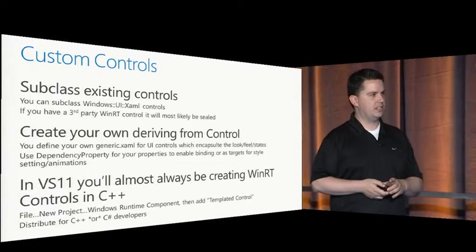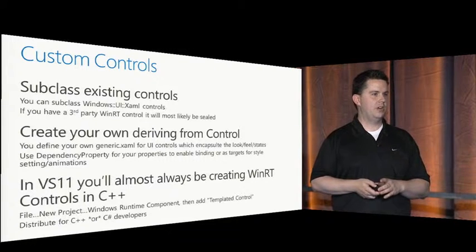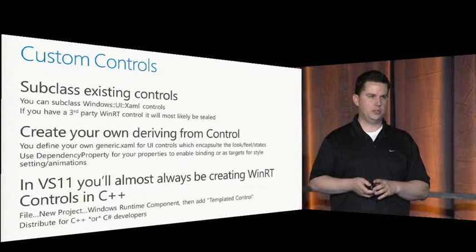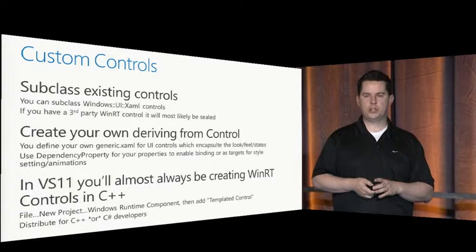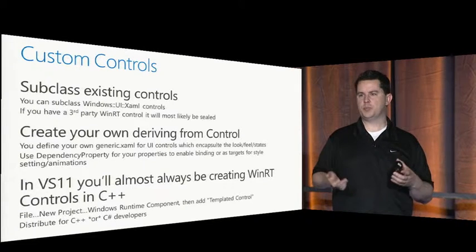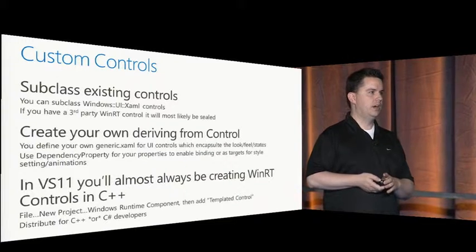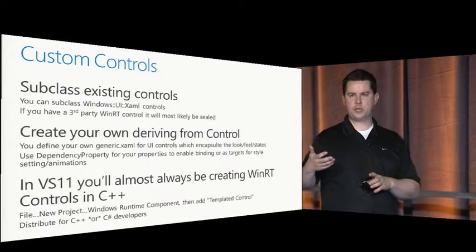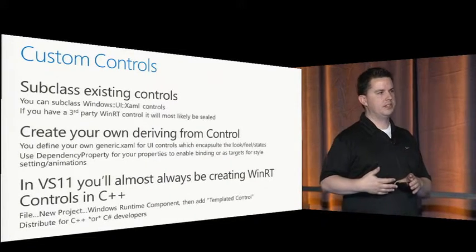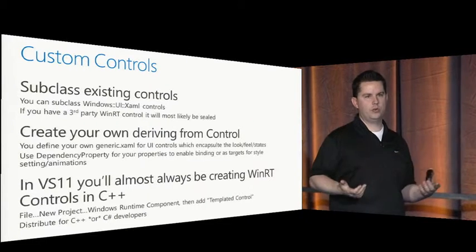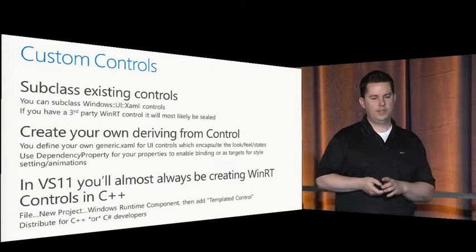You can subclass existing controls, so I can derive from button and add things to it. Or I can derive from control and completely be responsible for that. So if I want to create my own panel, as an example, I could derive from control and override certain methods to create my own panel and UI.